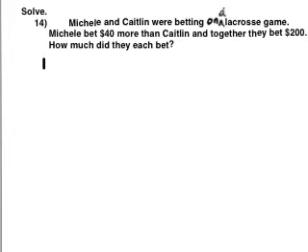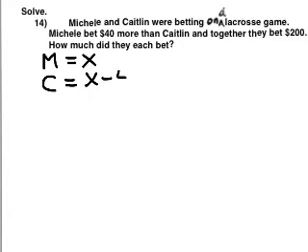So Michelle, let's call Michelle X. In the situation where we're just going to use X, we have to devise what Caitlin is in terms of Michelle. Michelle bet $40 more than Caitlin, so Caitlin would be X minus 40.